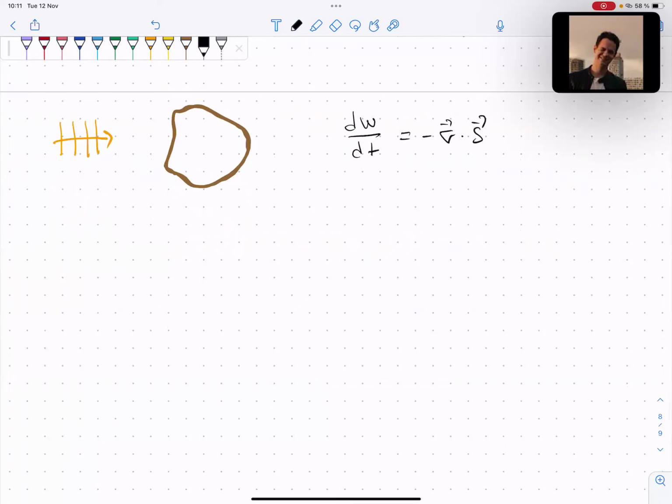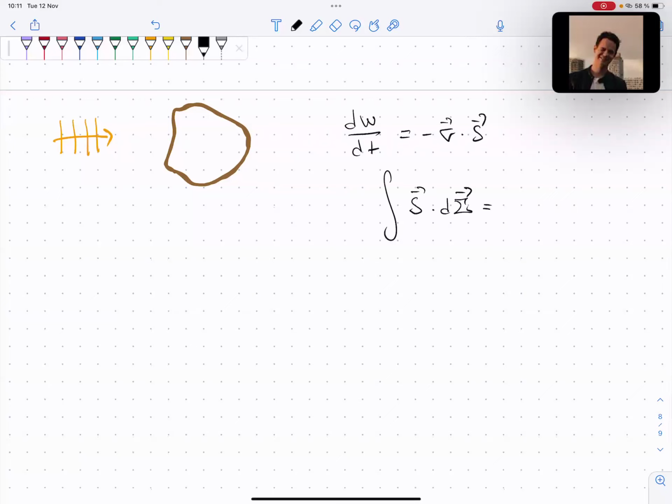So if we integrate the Poynting vector over some surface, d sigma, this will give us the total rate of change of electromagnetic energy, where U is the energy density.